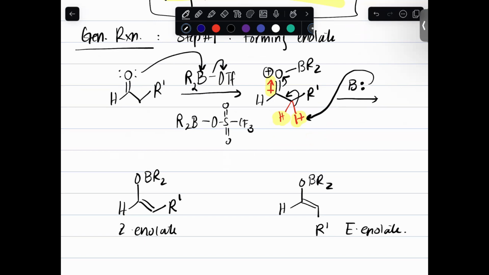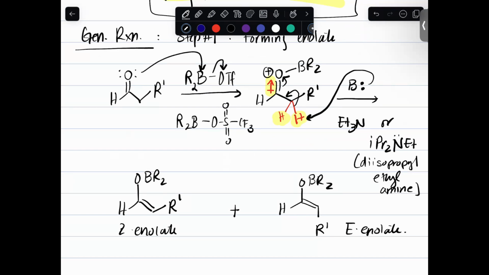Before I move on, your base is typically triethylamine or diisopropylethylamine, also known as DIPEA.